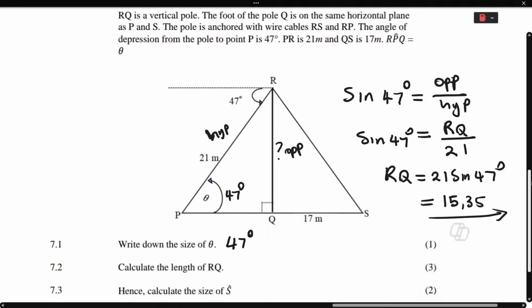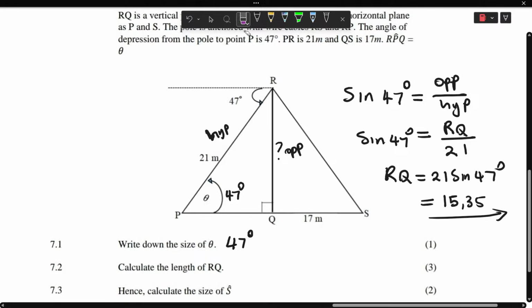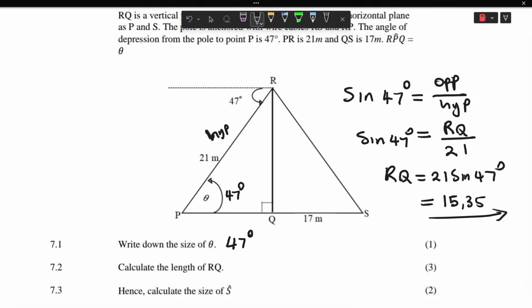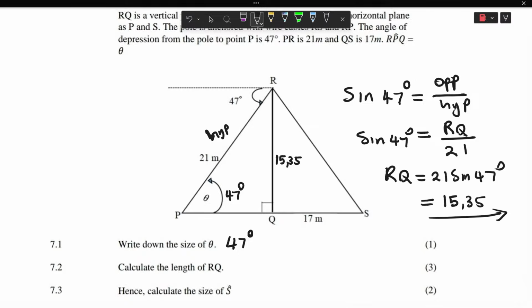The next question, hence, angle S. How do you find angle S? Now we got this, we write it here and say 15.35. Now we are looking for angle S. Is it 15.35 or 15.36?